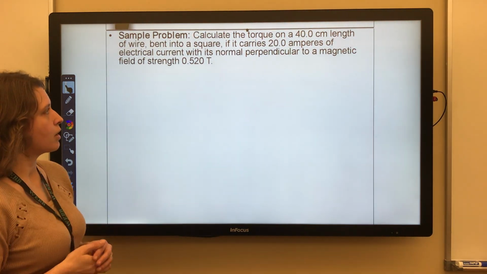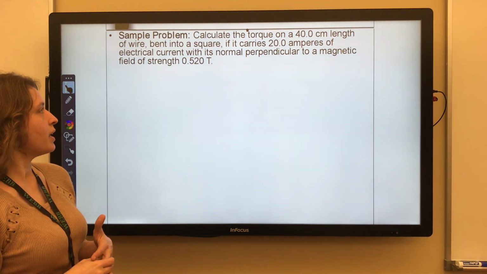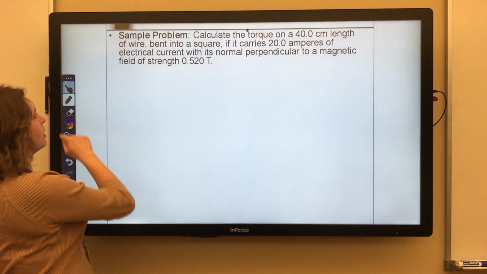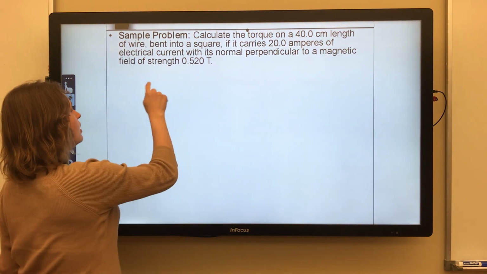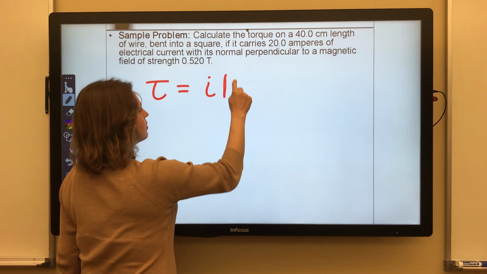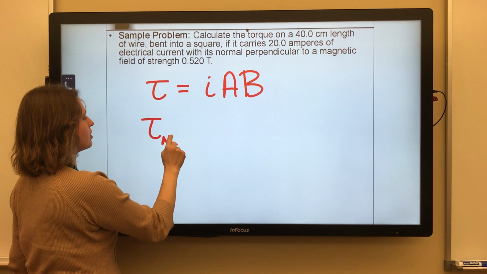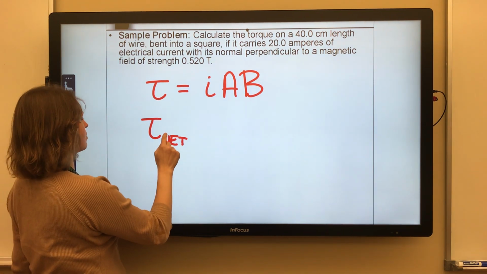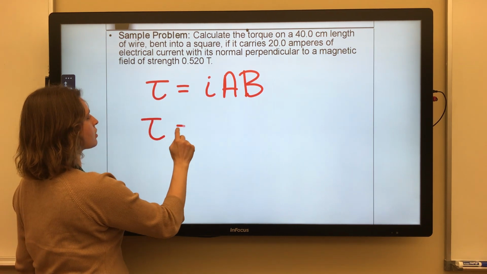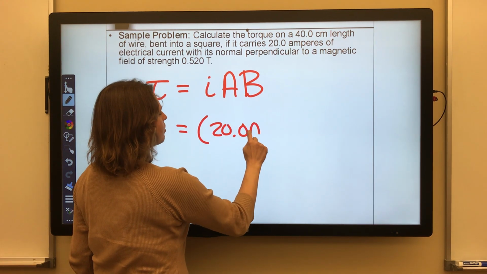All right, we're going to calculate the torque on a 40 centimeter length of wire bent into a square if it carries 20 amps of electrical current and it's perpendicular to a magnetic field of a strength of 0.520 Tesla. And again, if I want to get the torque here, it's going to be current times area times magnetic field strength. So the torque on this current carrying loop is going to be 20 amps of current.